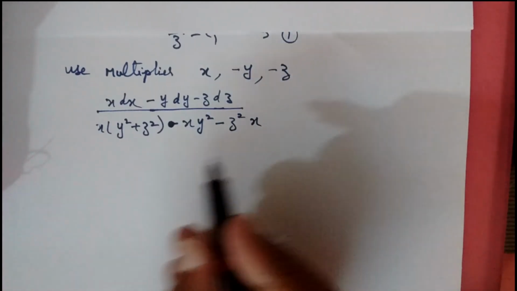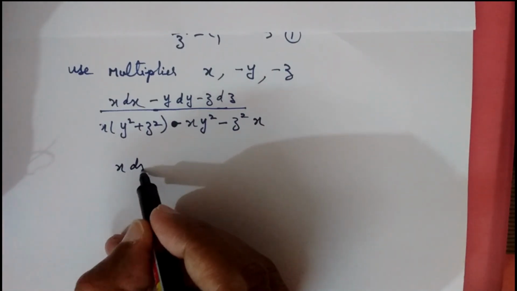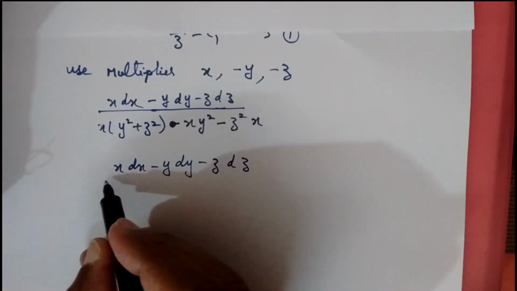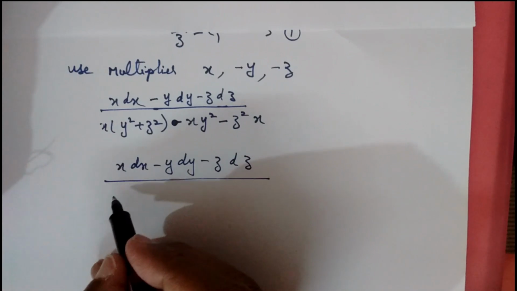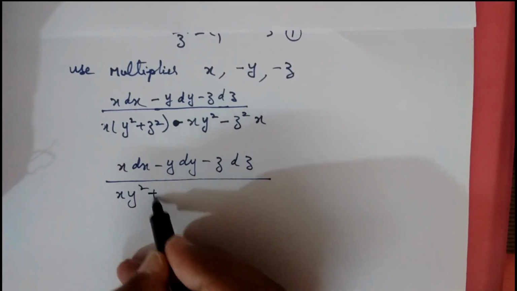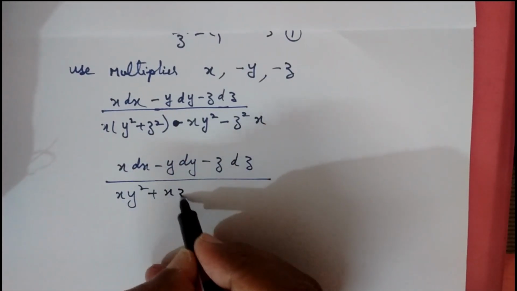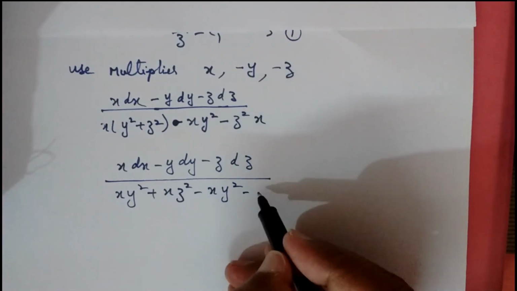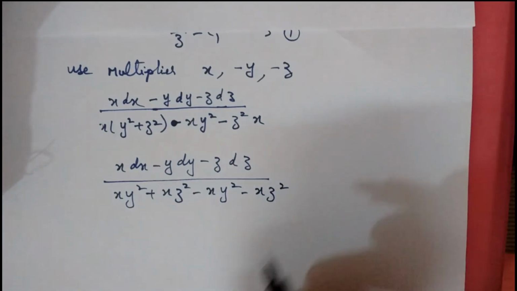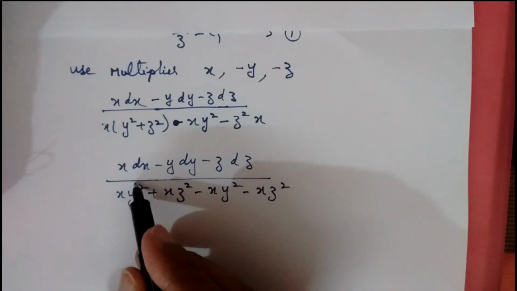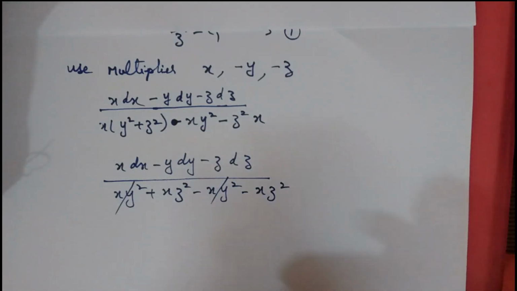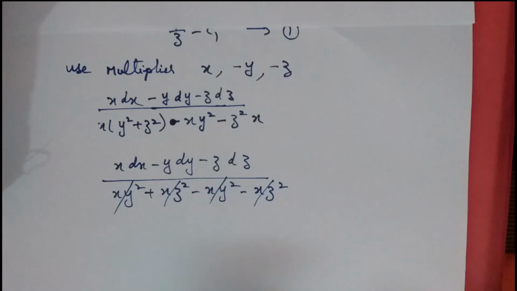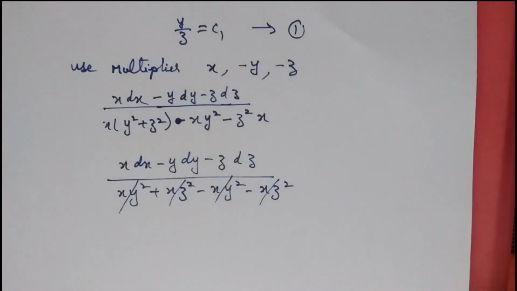If you further simplify this expression, we will be getting x dx minus y dy minus z dz whole divided by, multiplying x inside, xy square plus xz square, minus xy square minus xz square. You can see that plus xy square minus xy square will cancel out, plus xz square minus xz square will cancel out.